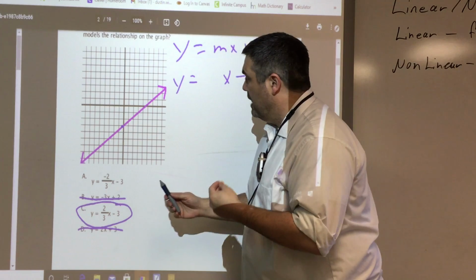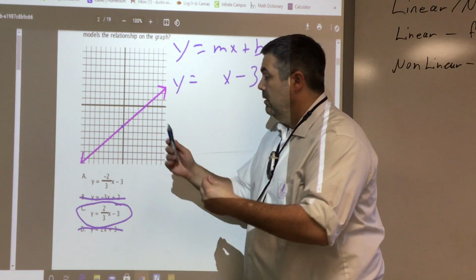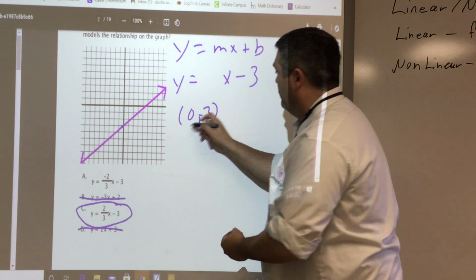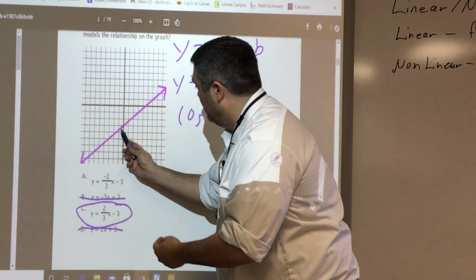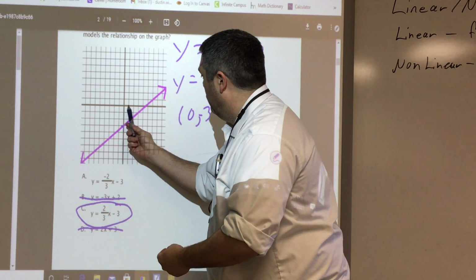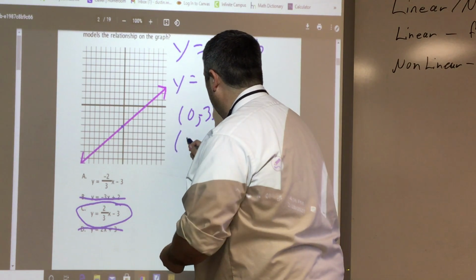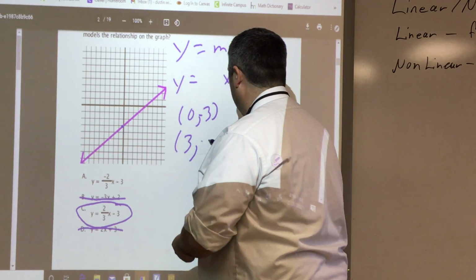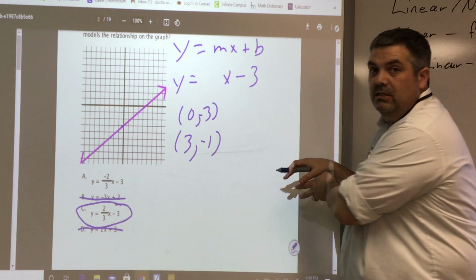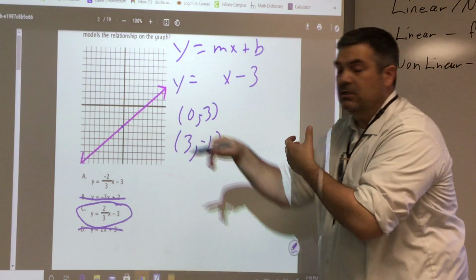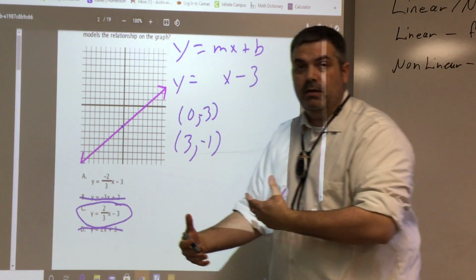Now, if I wanted to actually find it, it wouldn't be that big a deal because I could take my ordered pair of 0, negative 3, and then I just need one other point, right there, 3, comma, negative 1, and I get to put this into the slope formula. I'm going to go ahead and do this just because I want you to see how this comes out.